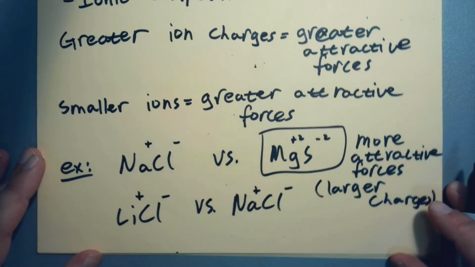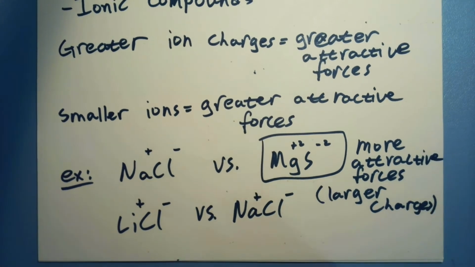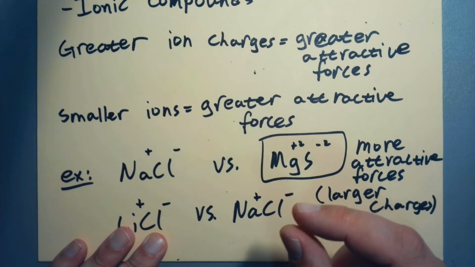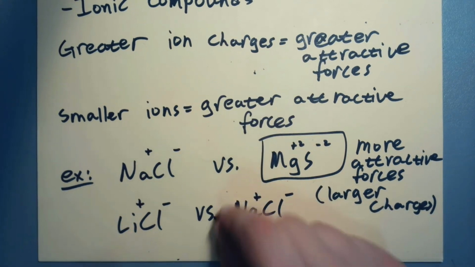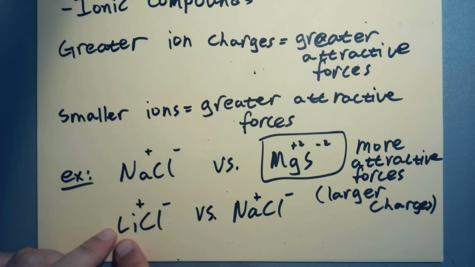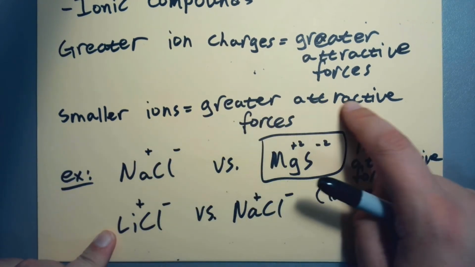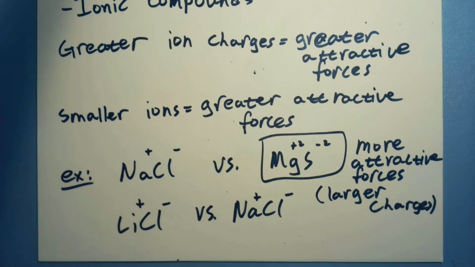So what do you do? You look at your periodic table. And remember that as we go further up rows, the atoms get smaller, the ions get smaller. And so lithium is in the second row and sodium is below that. So sodium is going to be larger than lithium. So lithium is going to be a smaller ion. It's going to have greater attractive forces.